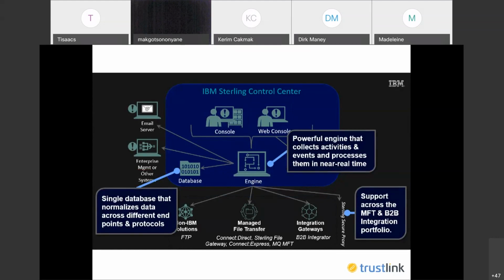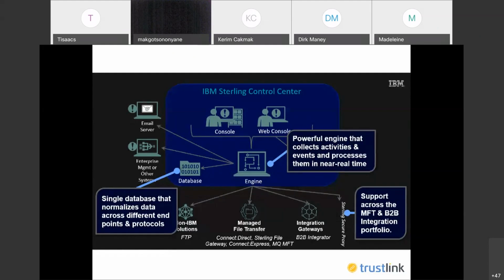So what actually happens then? You can visualize as files are moving, maybe between Connect Direct nodes or between one of your customers using SFTP to file gateway. So it's collecting lots of different types of events, different activities, different file transfers that are taking place.